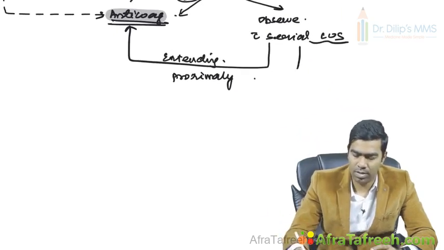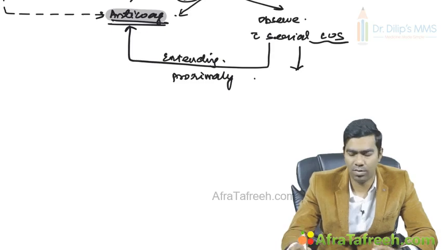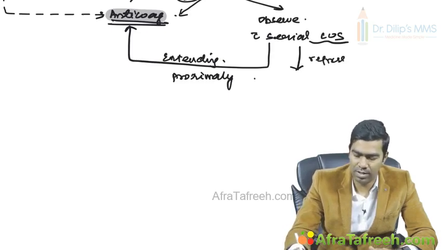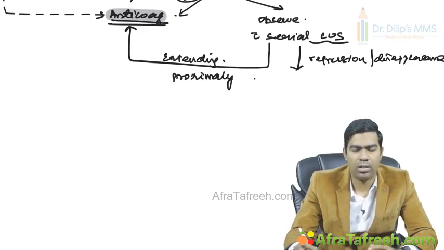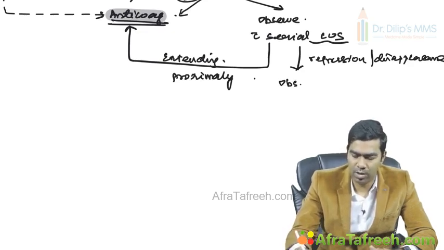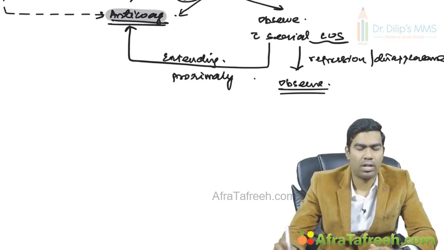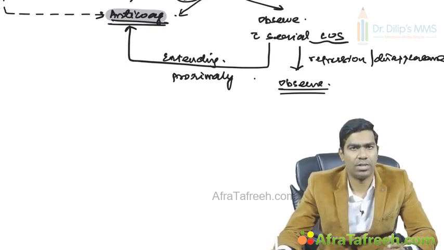There's no doubt. If the serial ultrasound shows regression or disappearance of the DVT, then there is no need to do anything. Just continue observation, and stop the observation over a period of time.